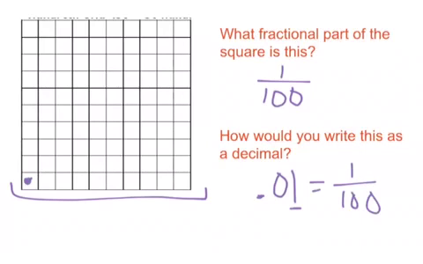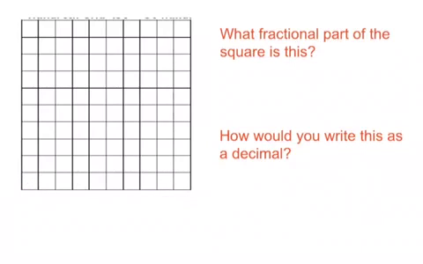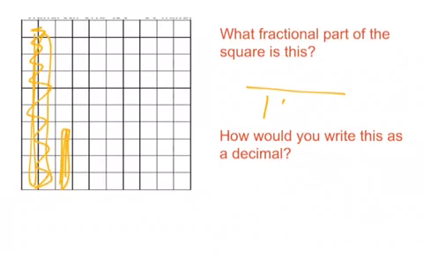Okay, let's try another one. What if I shaded, let's see, 20, let's do 24. So 24 shaded in. My whole is going to be 100. I'm going to have 100 in my denominator because I have 100 pieces total, and I have shaded in 24 of my hundredths.